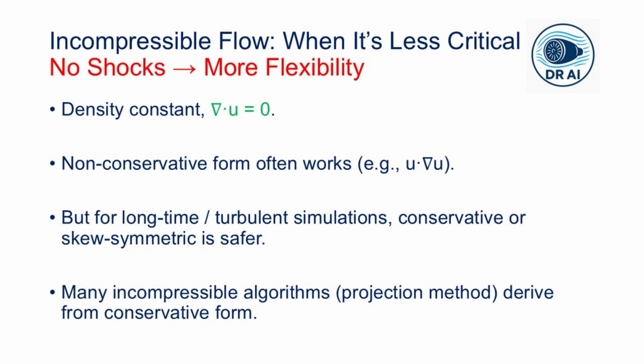One more nuance is that some incompressible algorithms, like the projection method, are derived from the conservative form. They split the velocity update into a predictor step using the conservative momentum equation without pressure, and a corrector step that enforces the divergence free condition. So even for incompressible flow, the conservative form appears under the hood.